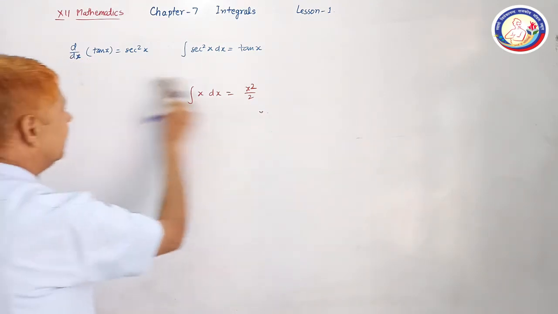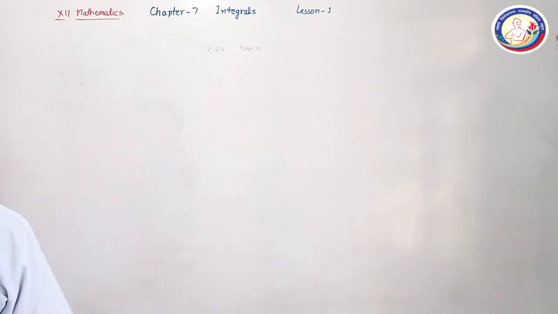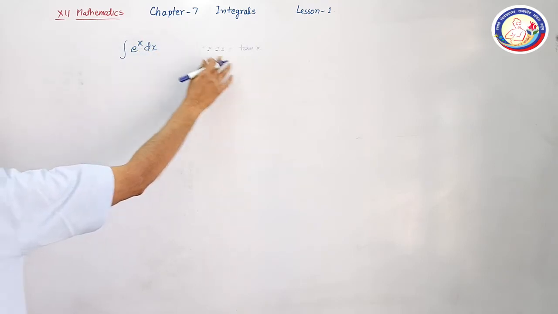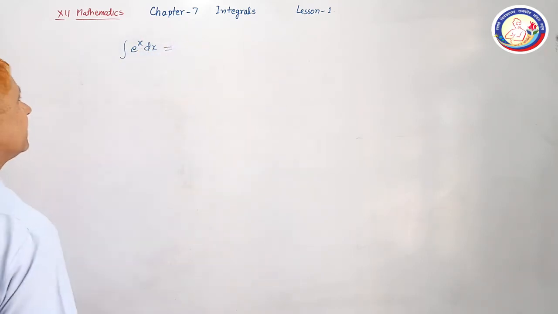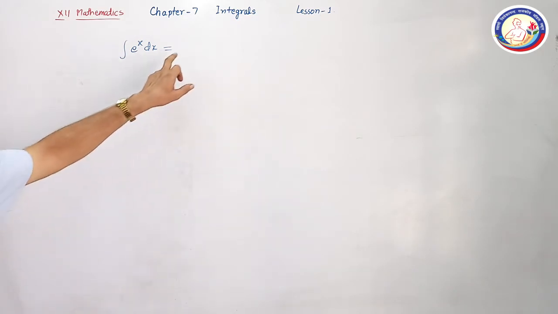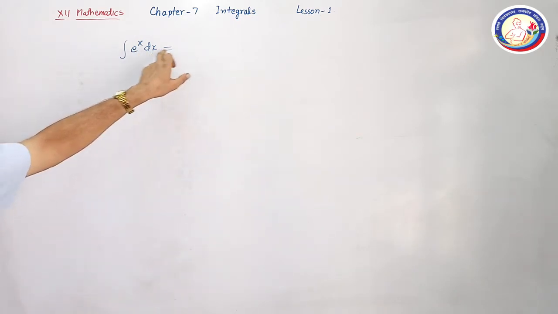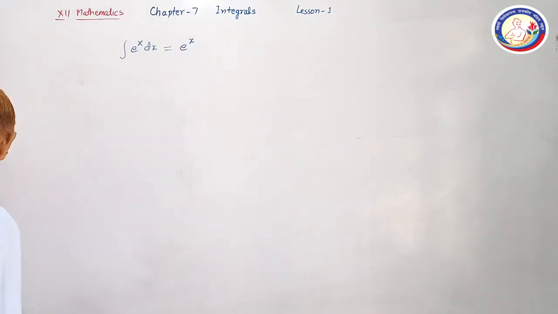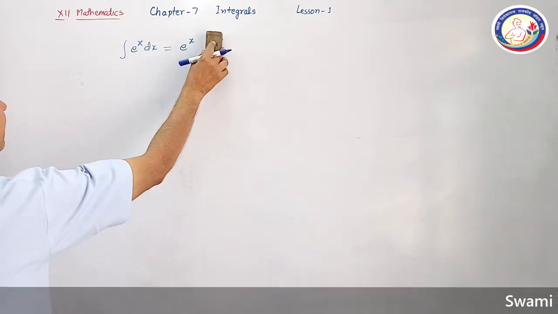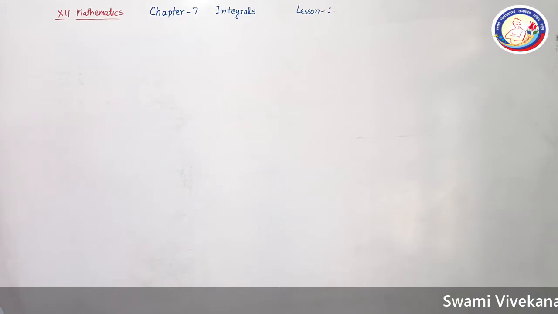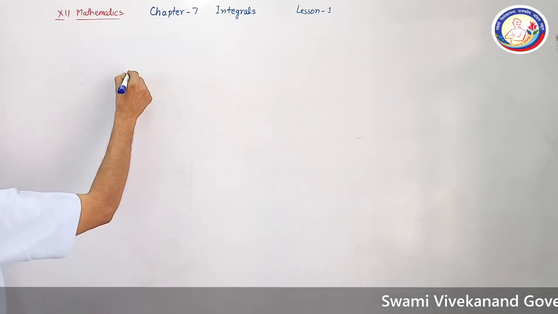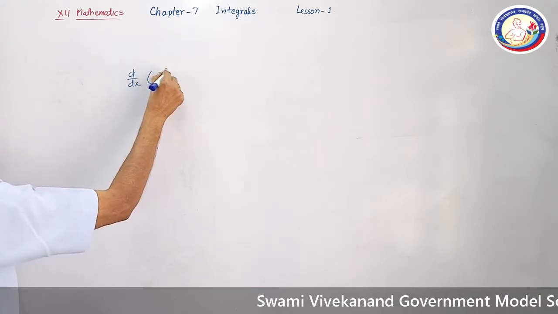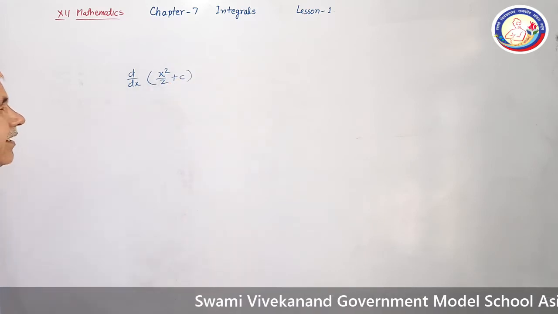What is the integral of e to the power x? The function which on differentiation with respect to x gives e raised to power x is the integral of e to the power x. It is again e to the power x. Now we take another part, say d by dx of x square by 2 plus c, where c is a real number.